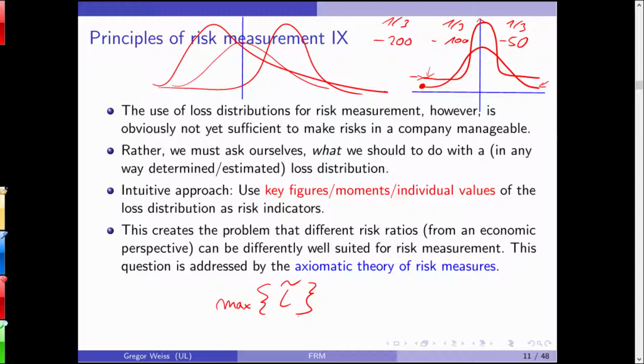Could be a very simple risk measurement. Now, what should we use? Sigma, the mean loss. Should we use maybe the median loss?